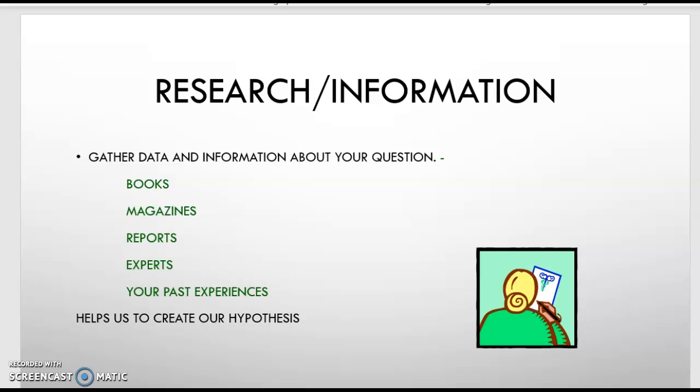These old-fashioned things called encyclopedias. These really big books that people used to go in before internet was popular. Magazines like National Geographic, Discover, reports. So sometimes you might want to look at what another scientist did and what another scientist wrote and reported.